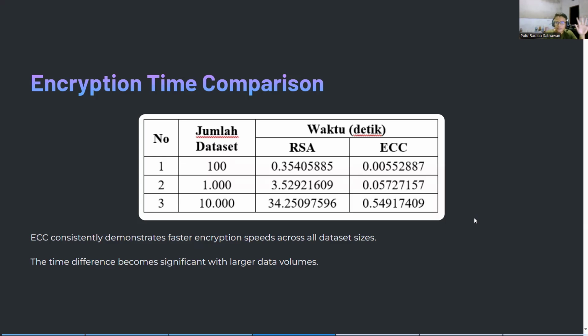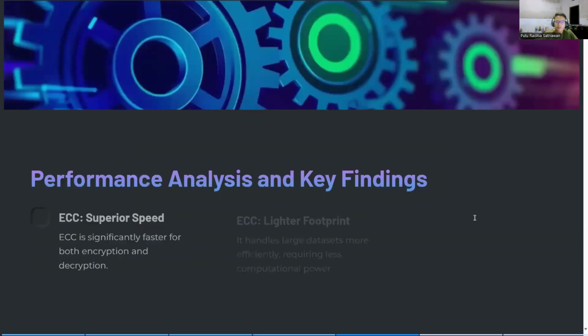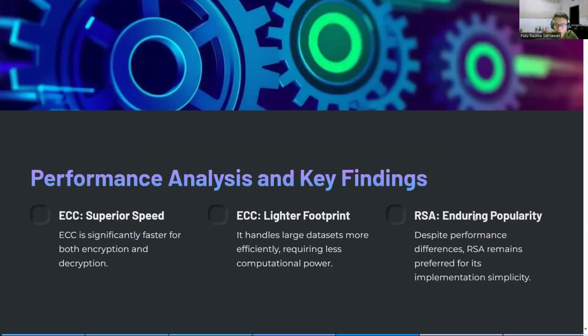And that's basically all. But we can also make a further analysis. I already put three main concepts here. First, ECC has superior speed. ECC is significantly faster for both encryption and decryption, and it's also lighter in footprint, so it can handle large data sets more efficiently, requiring less computational power.